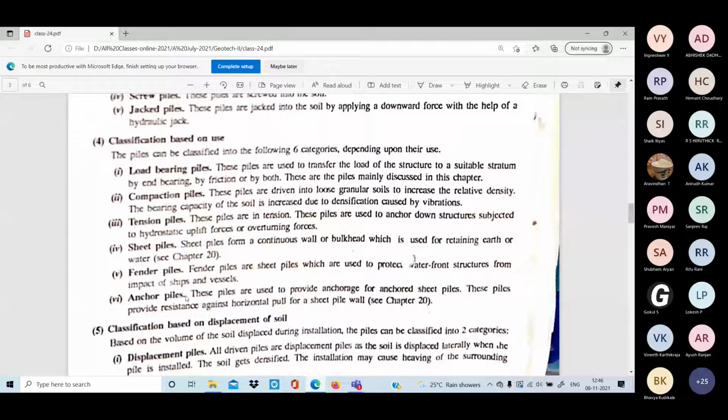If we visit docks and harbor ports near Chennai, in Gujarat, or Tuticorin, in those structures the piles are subject to lateral loads and are called fender piles, anchor piles, and so on. You will see them mostly in the offshore sector. It is given in chapter 20. Just have a look at this.